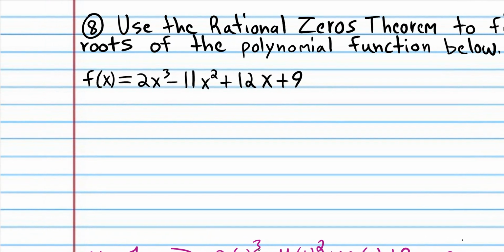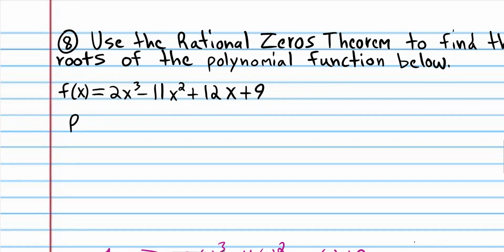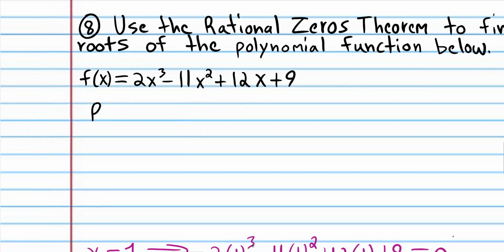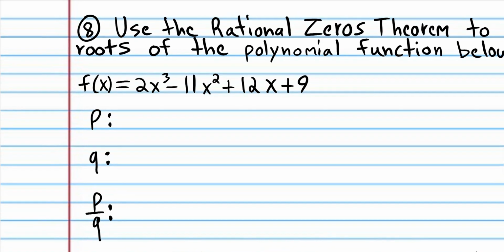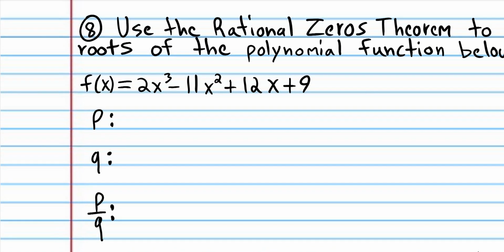So we want to find the x values that will make this expression equal to 0, so we're going to use the Rational Zeros Theorem, like we did in the first problems. So P represents the factors of the last term, so that would be 1, 3, and 9.